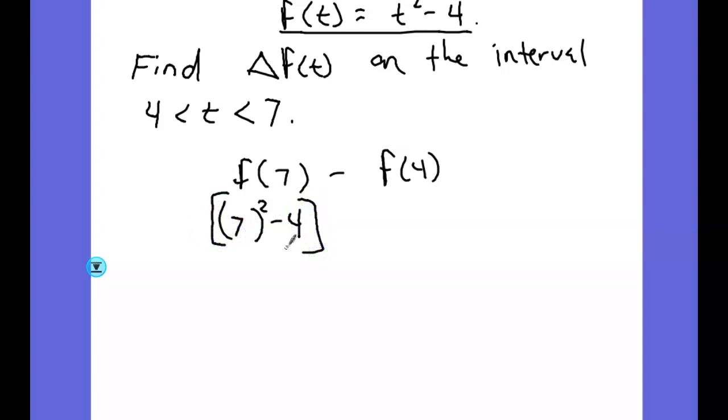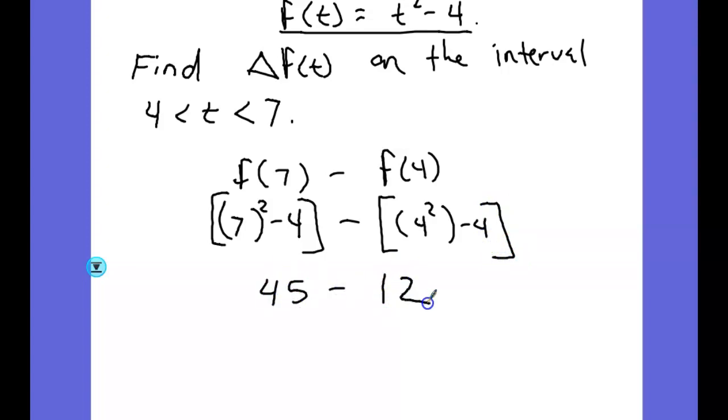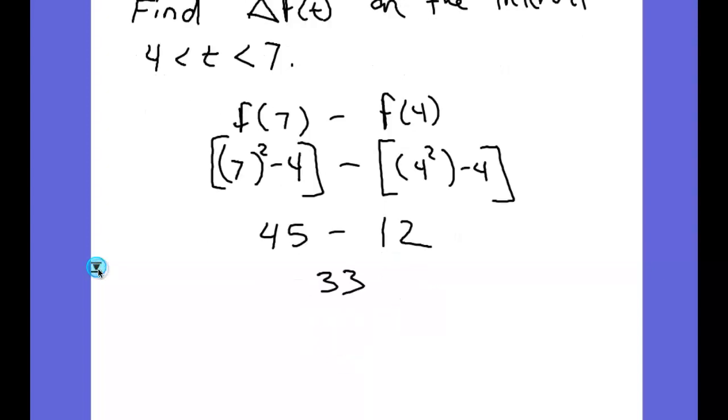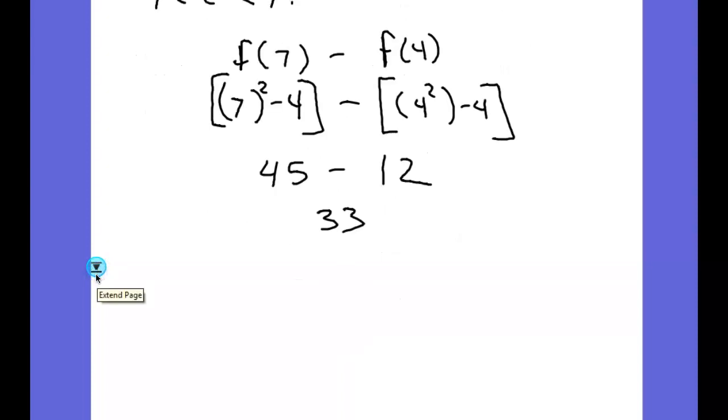So this is what I would do if I want to plug in 7. And then I also want to do the 4. So 45 minus 12 gives me what? Gosh, you guys already said that a minute ago. I'm going way too slow for you guys. Oh well, it is what it is. Okay.